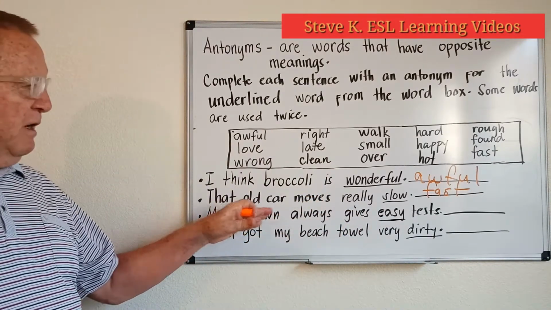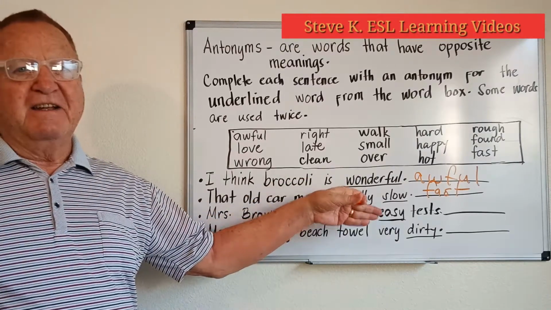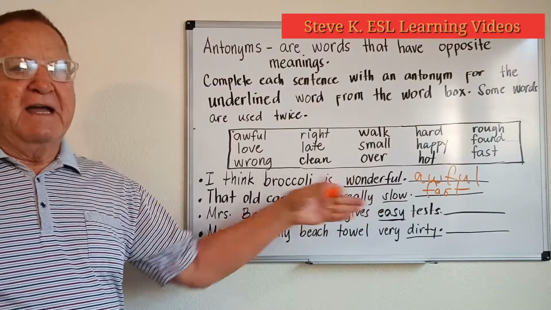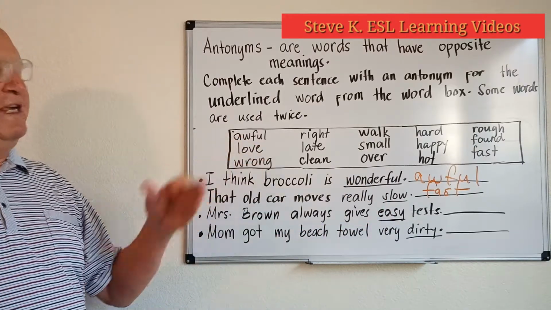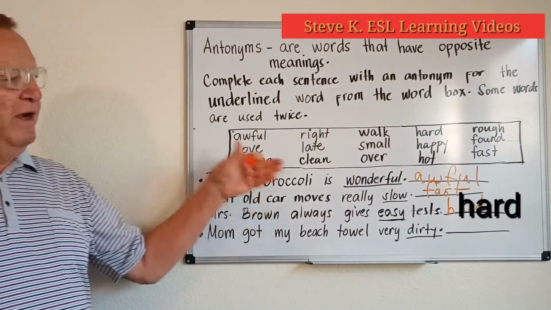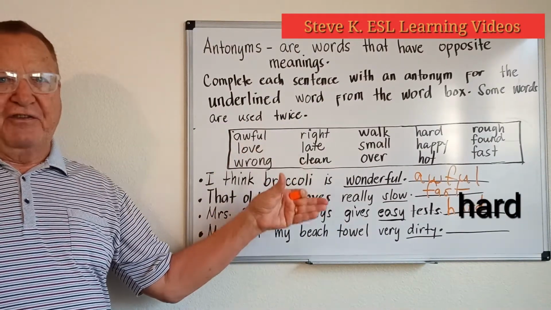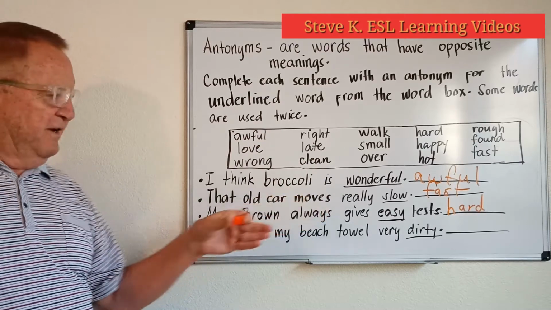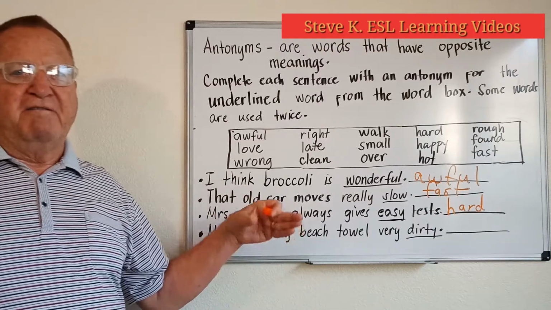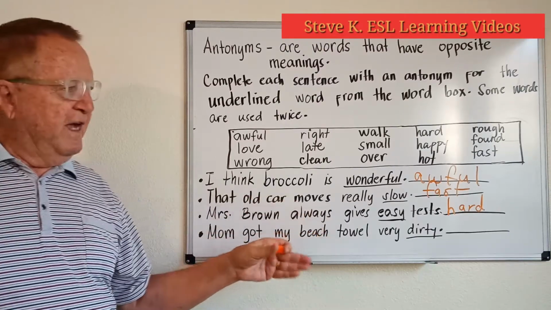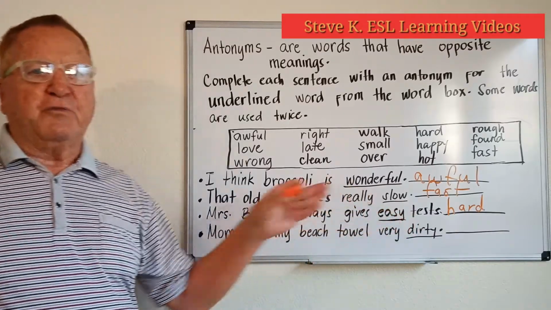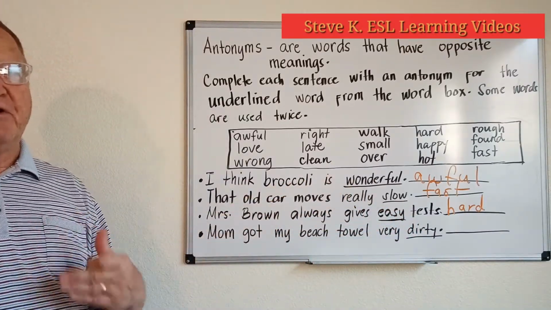Mrs. Brown always gives easy tests. The underlying word is easy, and the opposite in the word box from easy, that sentence then with the antonym would read, Mrs. Brown always gives hard tests. Next sentence, Mom got my beach towel very dirty. The underlying word is dirty. Which word in the word box is the opposite of dirty?